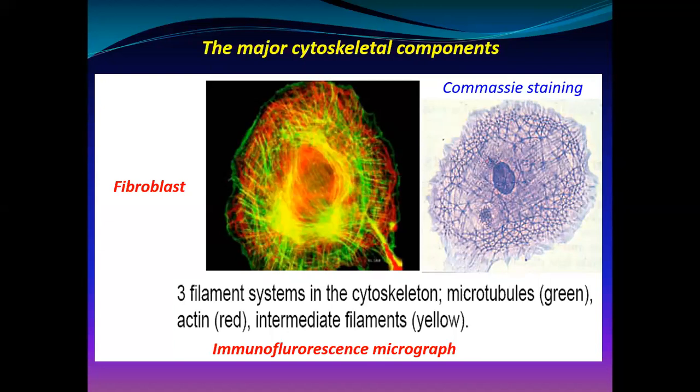At the same time, when you stain it with a protein stain called Coomassie blue, the appearance of the cytoskeleton inside the cell will be like that. The darker blue color is the nucleus. The other is the cytoskeletal elements.